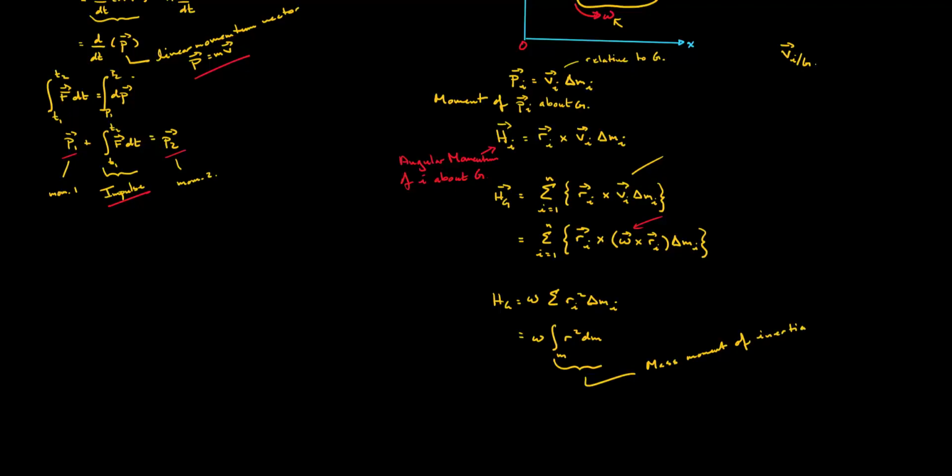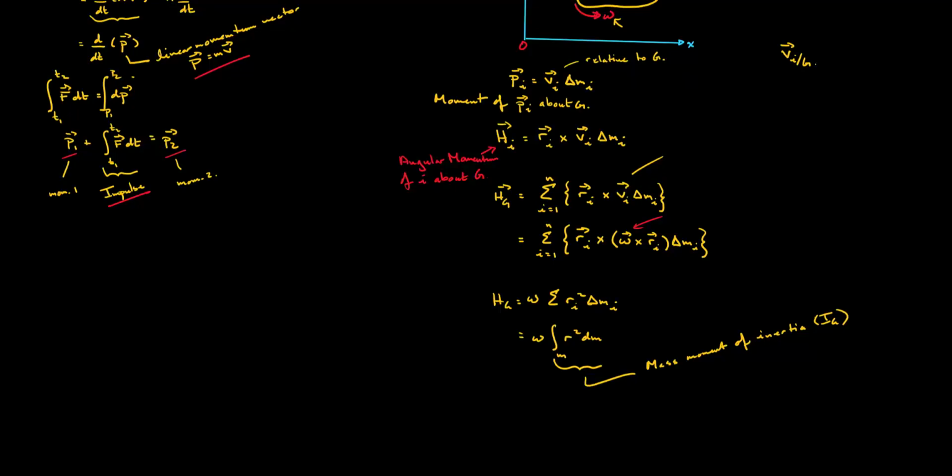And we've looked at this extensively. So the mass moment of inertia is a measure of the distribution of the mass throughout the rigid body relative to a certain point, and in this case, this point is g. So we call this Ig, the mass moment of inertia about the center of mass g.